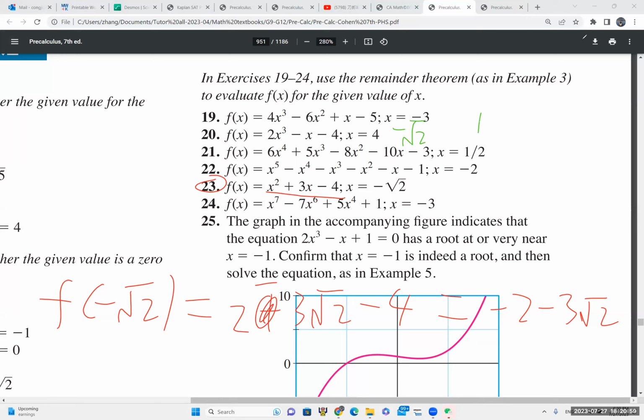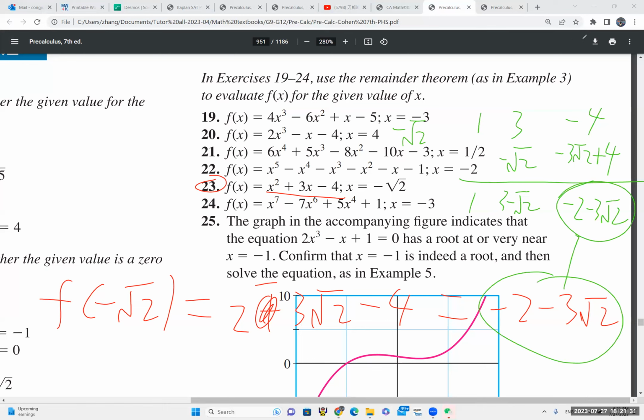This is 1, 3, -4, right? Here is 1, so negative, add together is 3 minus 2 radical. Then multiply is -3 square root of 2, then plus 2. Then finally get this. That means the same result, right?